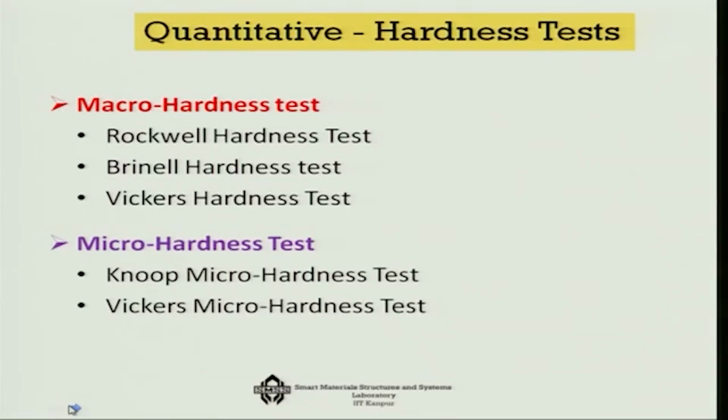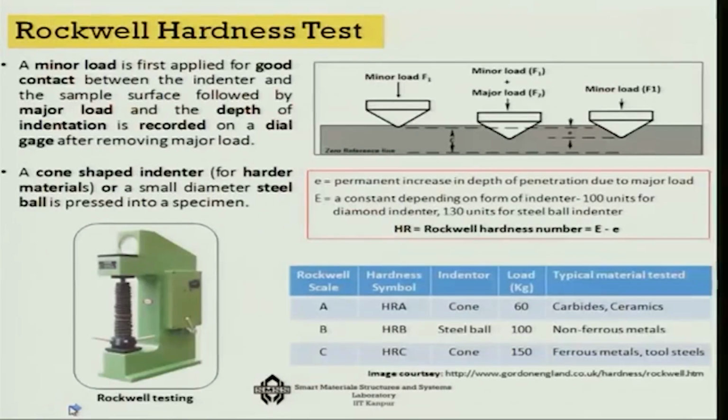In the macro hardness test, there are many, but we have chosen the Rockwell hardness test, Brinell hardness test and Vickers hardness test, and in the micro hardness test, the Knoop micro hardness test and Vickers micro hardness test. So, in total these are the 5 experiments one can carry out to find out quantitatively the value of hardness. The first one is the Rockwell hardness test.